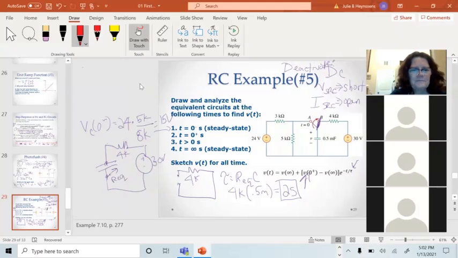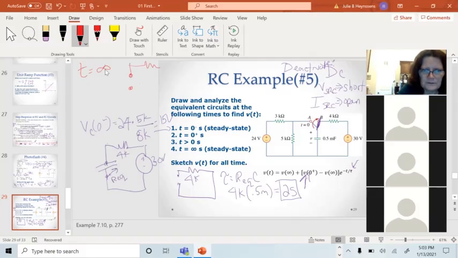Orange, red. Okay, so now at t equals infinity, I got to draw the circuit. It's still in position B, but now the capacitor's been sitting there a long time. It's open. I have a 4 kilo resistor, and I've got a 30 volt source.